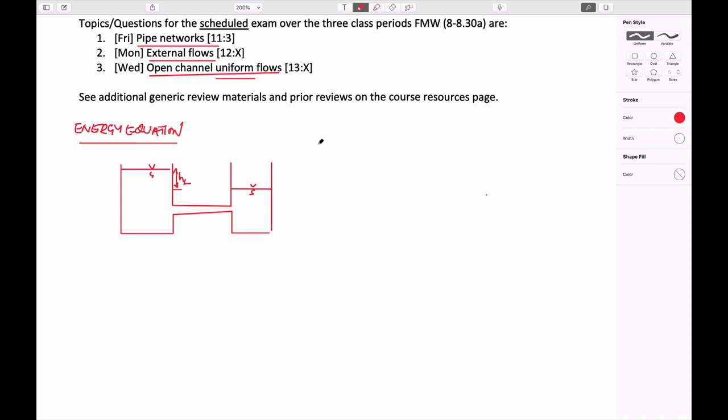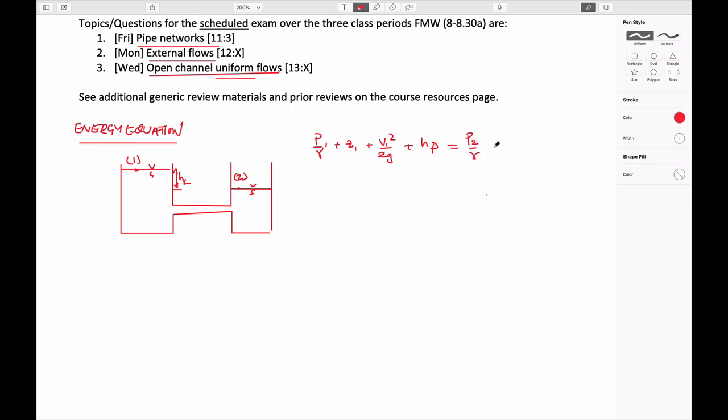The energy equation defining that depends on where you want to write your expressions, and you've seen this many times before: pressure head plus elevation head plus velocity head plus any pump components has to equal the pressure head on the downstream.